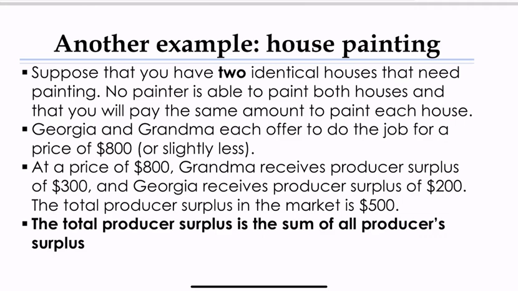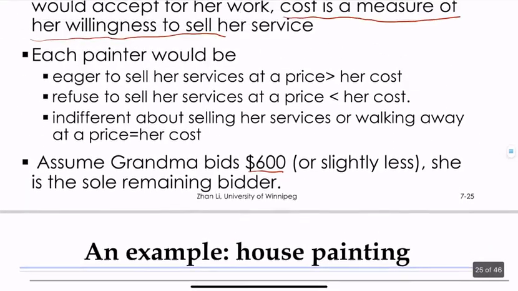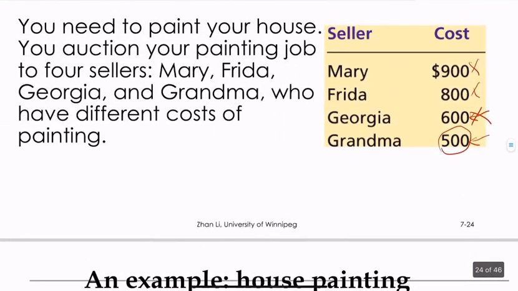In this case, let's say the price is 800, right? If we go back to the table, we could find out if price is 800 with only 2 houses, then the sellers with the lowest costs will win the job. So Georgia and grandma will offer their service.